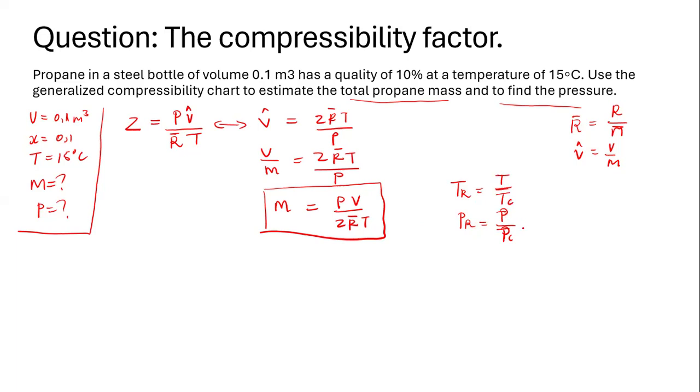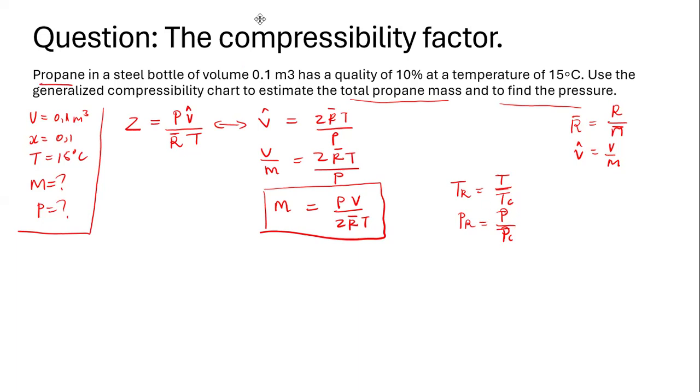We can determine T reduced by using temperature and T critical. The P critical and T critical can be obtained from the table, right? So what I'm going to do here is take you to the table for propane, to get the critical values, okay?